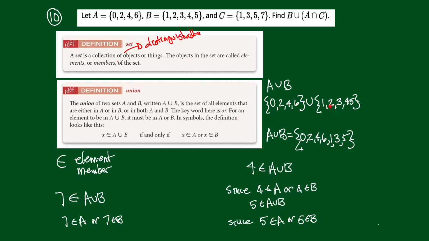Is 7 in B? No. So this doesn't work, and this one doesn't work. So 7 is not in either A or B. It's in neither one of those. So here's how we're going to say that. We're going to say 7 is not an element of A union B, because it's not in either one. So you just take the element sign and draw a line through it. That means not an element. I'll abbreviate, ELT.